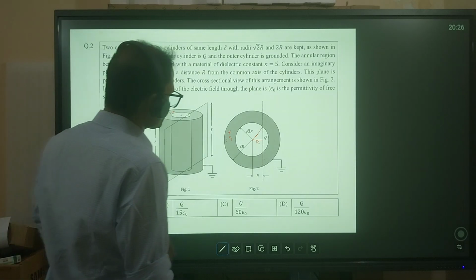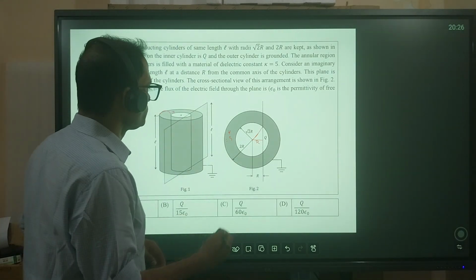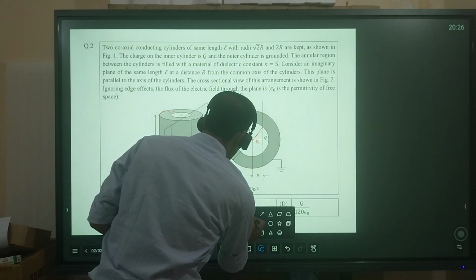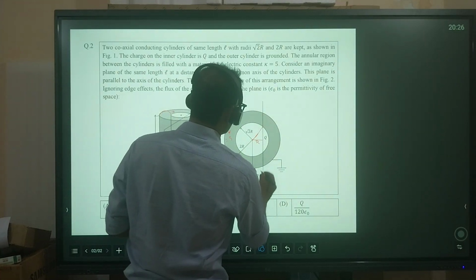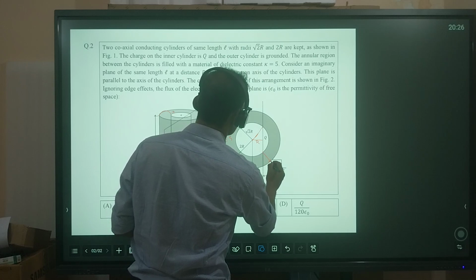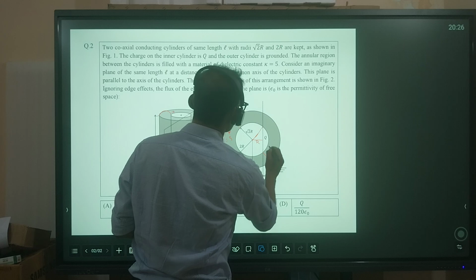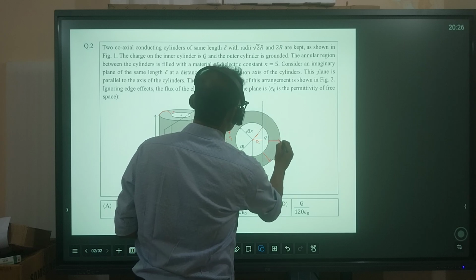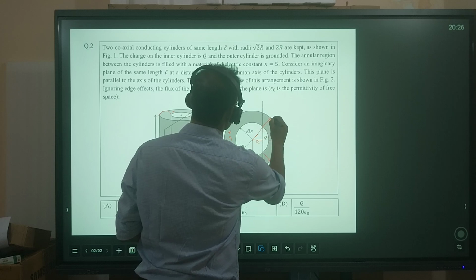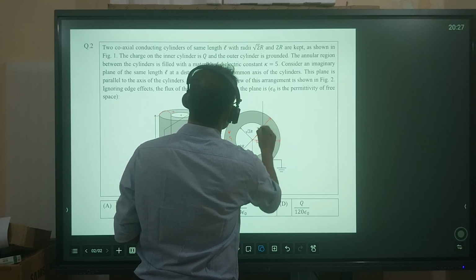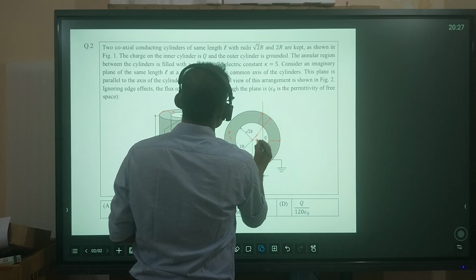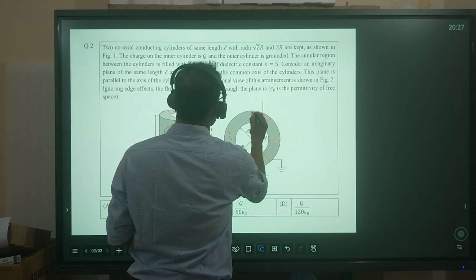Now we have to find the electric field. Let me show you how the electric field will look. The electric field will actually be radial. Radial means the electric field will be like this, and like this, and like this. So basically the electric field is radially outward.